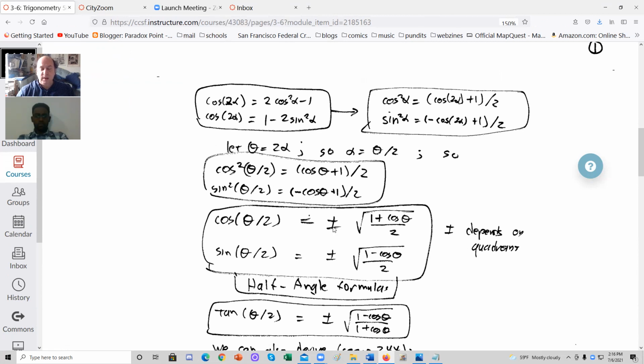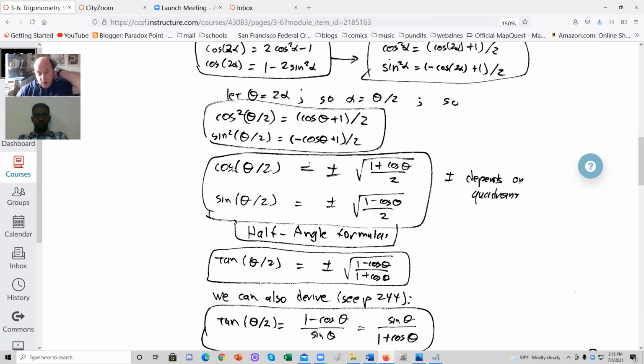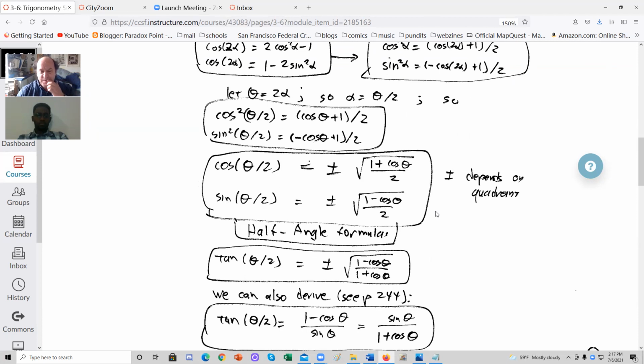We get a plus or minus depending on which quadrant theta over 2 is in. And reverse the order because it's easier to write 1 minus cosine rather than negative cos plus 1. So cosine of theta over 2 is plus or minus, depending on quadrant, the square root of 1 plus cos theta, that over 2. Sine of theta over 2 is plus or minus square root of 1 minus cos theta, that over 2. These are half angle formulas.